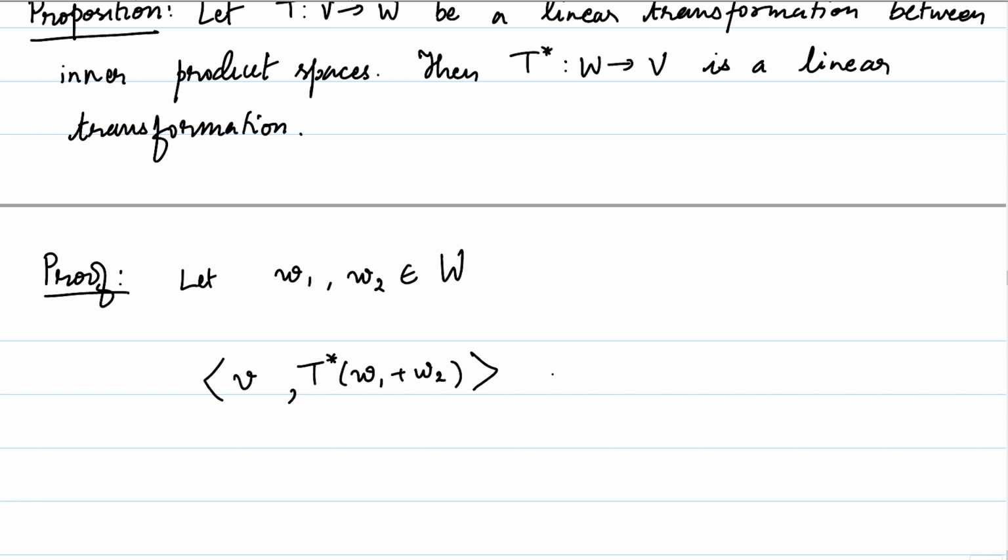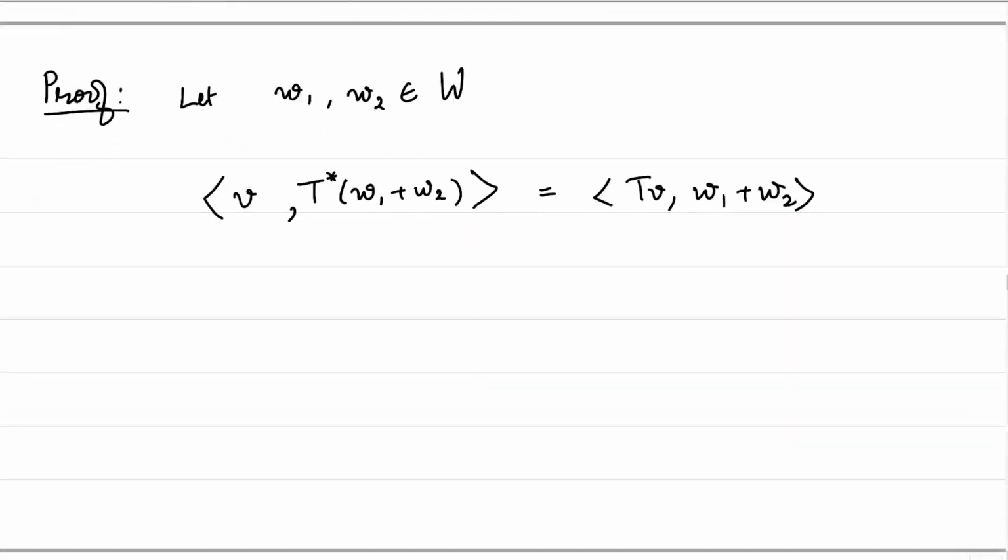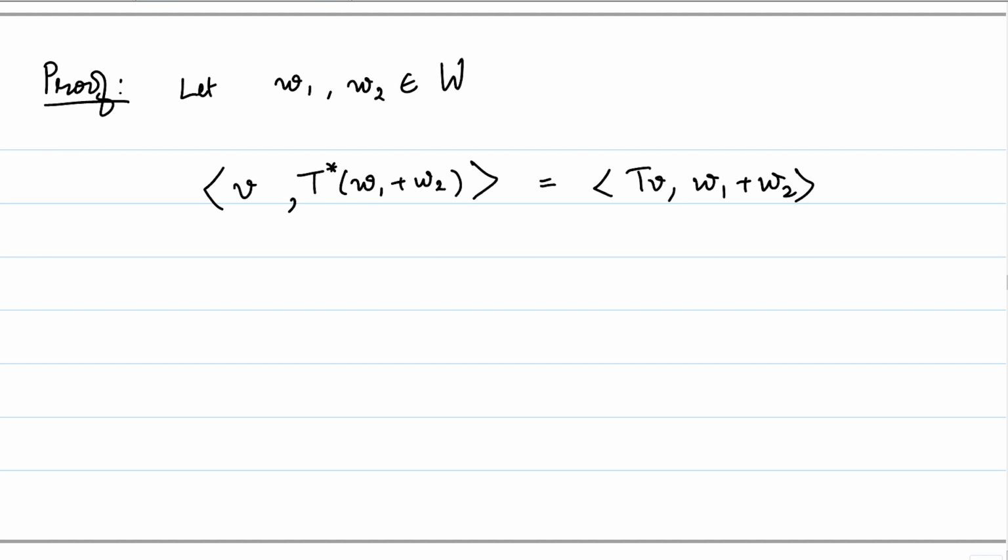By definition, this is equal to the inner product of TV with W1 plus W2. But inner products are conjugate linear in the second variable as well. So in particular, it is additive, and hence this is equal to the inner product of TV with W1 plus the inner product of TV with W2. This is the inner product in W that we are looking into.